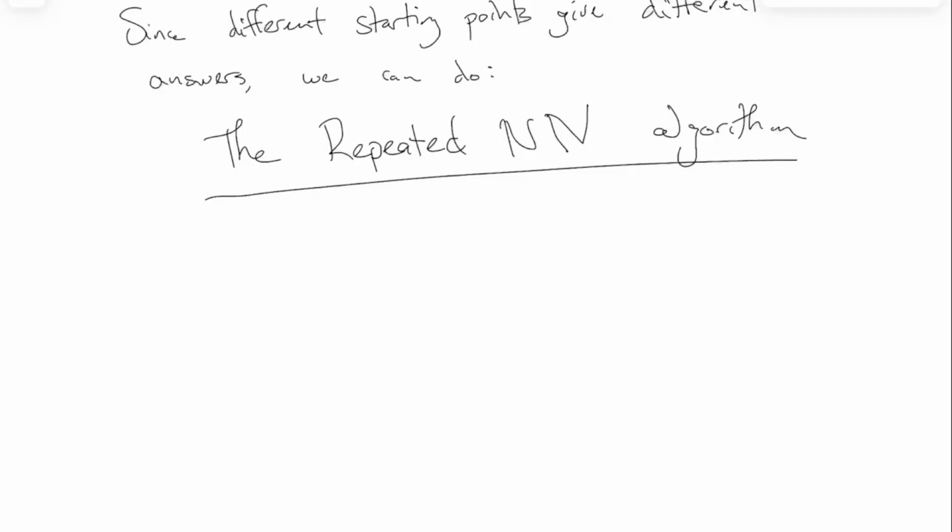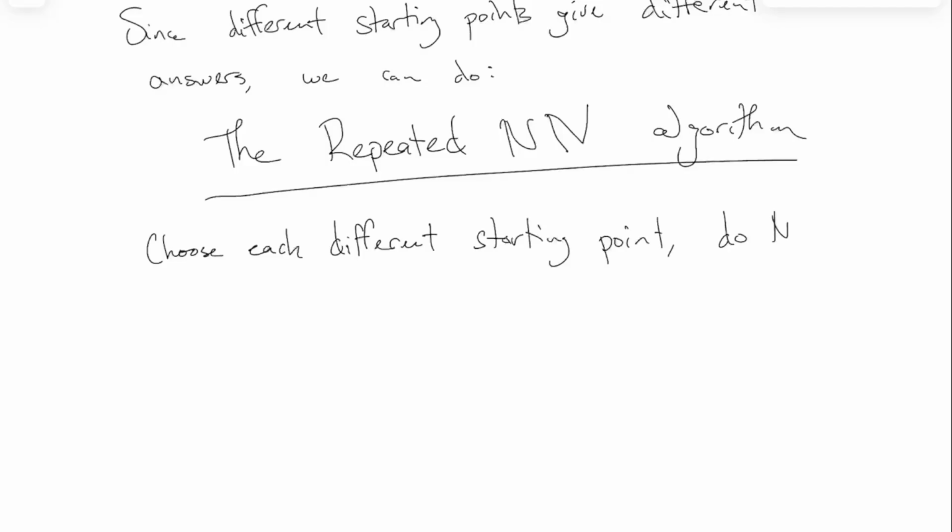That is, you choose each different starting point and do the nearest neighbor starting there. So this involves doing it over and over again, although it's not that many times. If you have 5 different vertices, you do it 5 times, one for each different starting point. You do the nearest neighbor for each, and then choose the best overall.